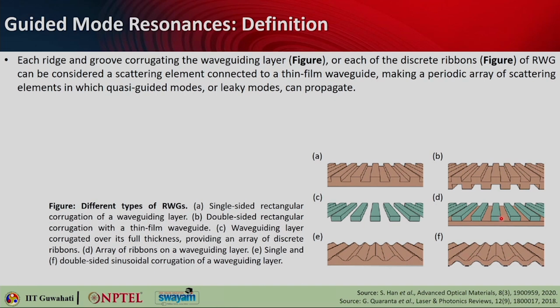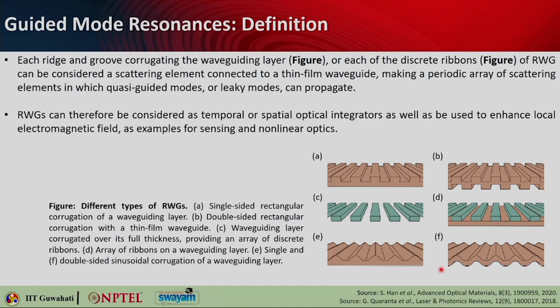So, these are different kinds of corrugations that you can make, okay, and they actually decide the pattern of your quasi guided or leaky modes, and also tell what kind of mode can propagate. Okay. So, RWGs can therefore be considered as temporal or spatial optical integrators, as well as they can be used to enhance the local electromagnetic field, for example for sensing or nonlinear optics applications.